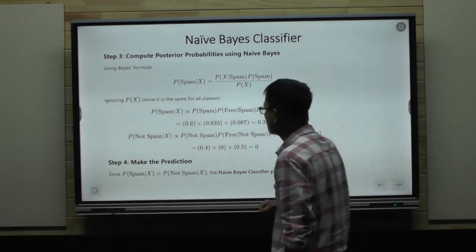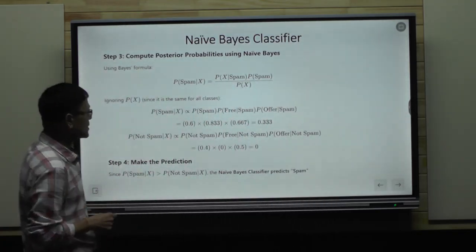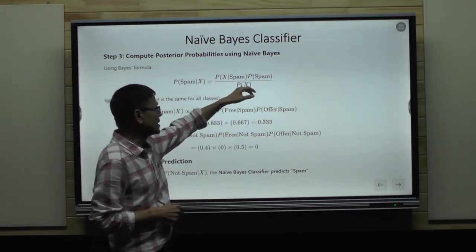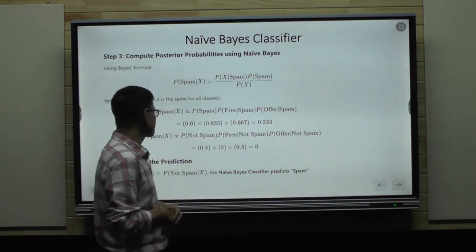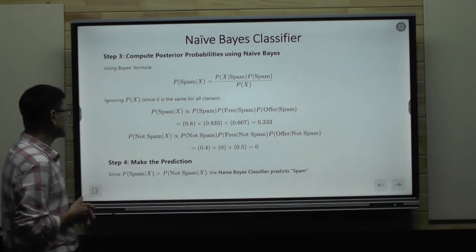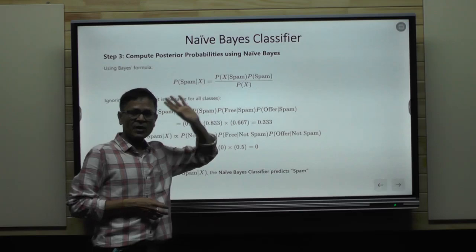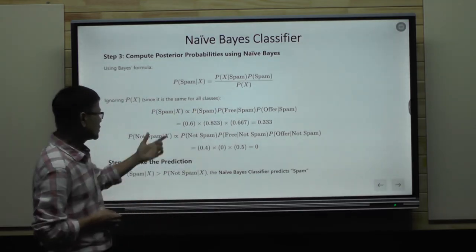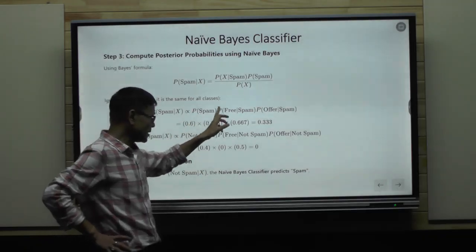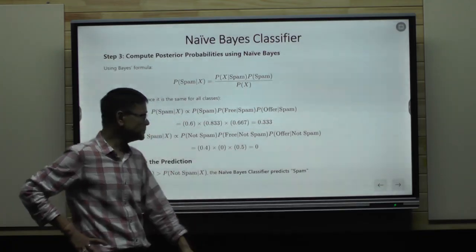Okay. So we use the Bayes formula to compute P of spam given x. That is P of x given spam multiplied by probability of spam, divided by probability of x. We have already done all kinds of computation, so ignoring P of x, because P of x would be the same for every class, P of spam given x is proportional to probability of spam multiplied by P of free given spam, multiplied by P of offer given spam.